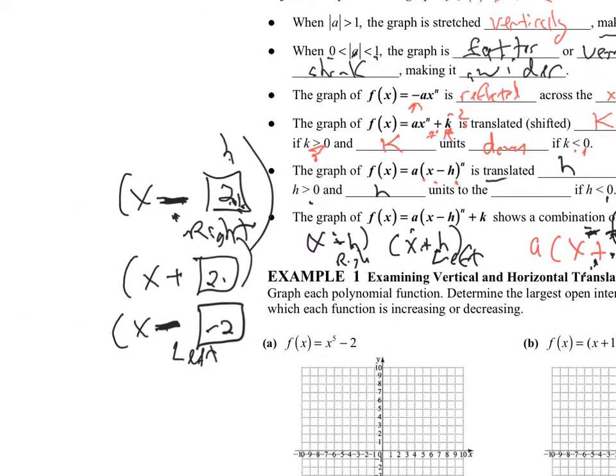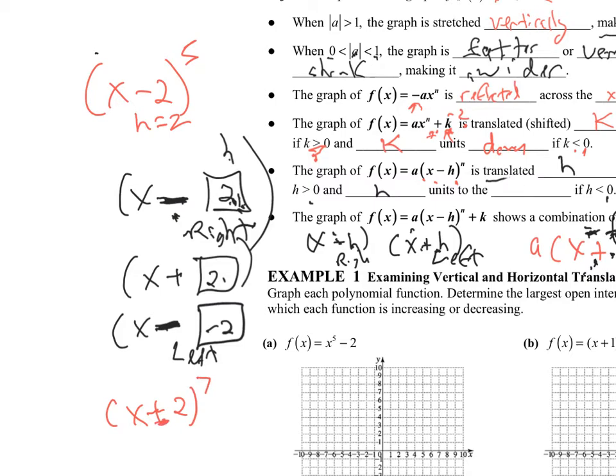When I see, to me it's so much simpler to say, when I see x minus 2 to the 5th power, I know it moves to the right. But then I have to remember what value is h. H is a 2. When I see x plus 2 to the 7th power, then I know it moves left because it's the opposite sign.